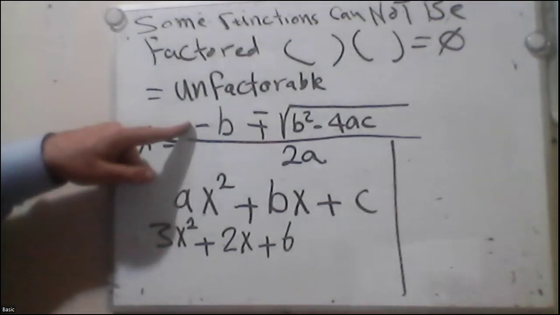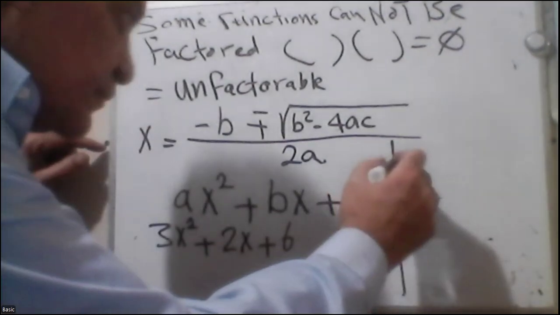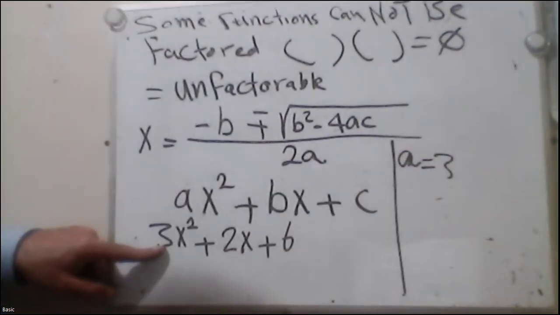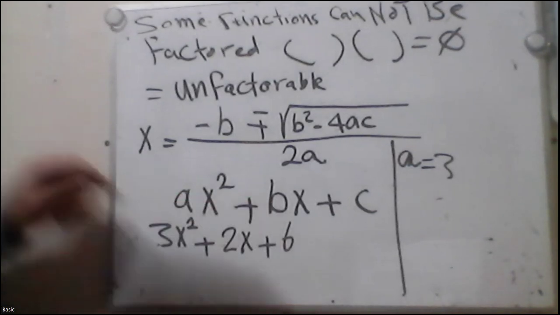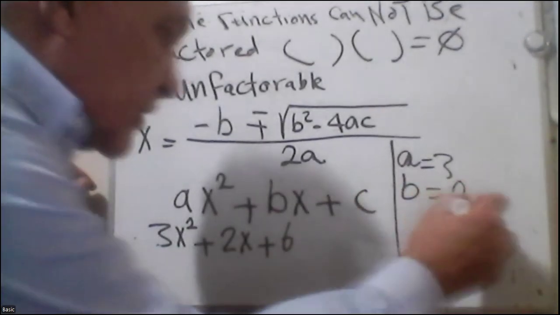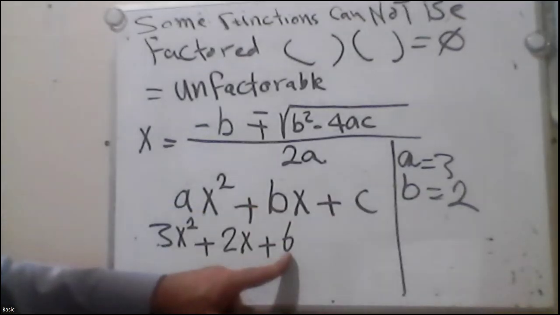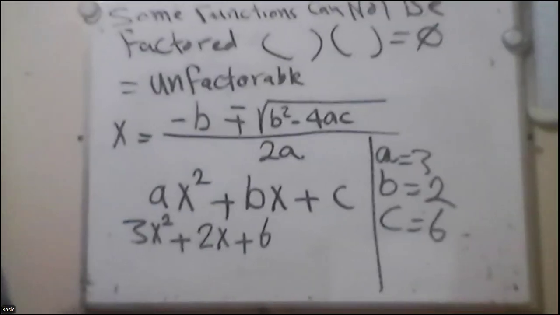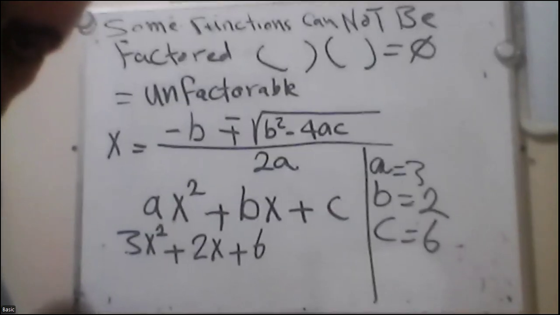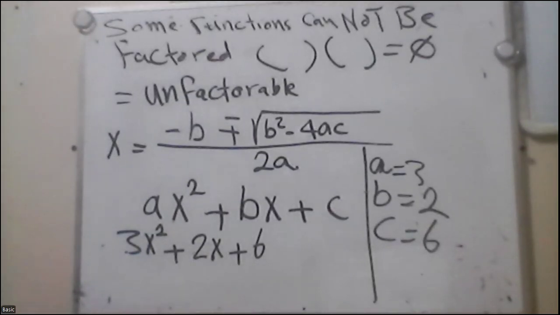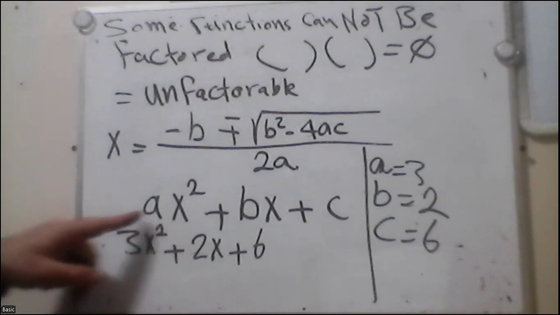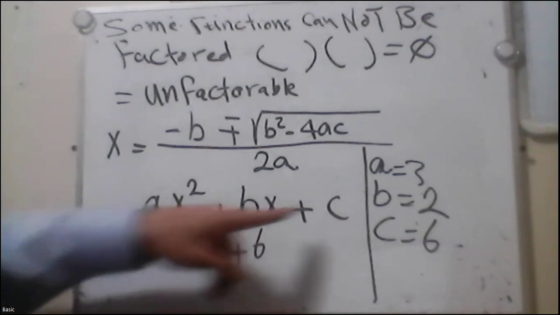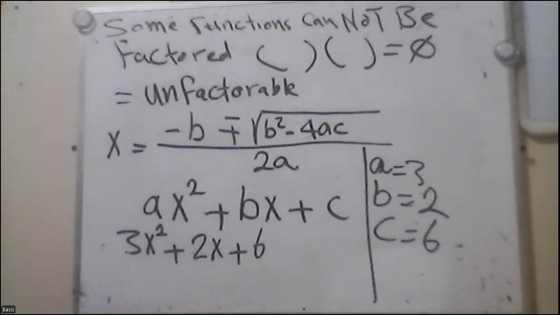To apply this formula, a will equal 3, b will equal 2, and c will equal 6. You guys got it? So that's how it works. The a is the coefficient in front of x squared, the b is the coefficient in front of the x, and the c is the absolute term where there are no x's.